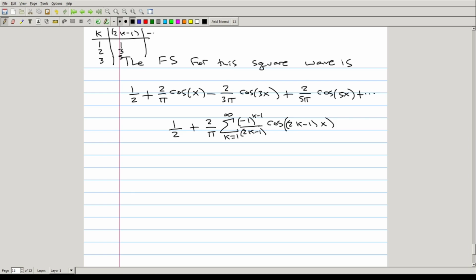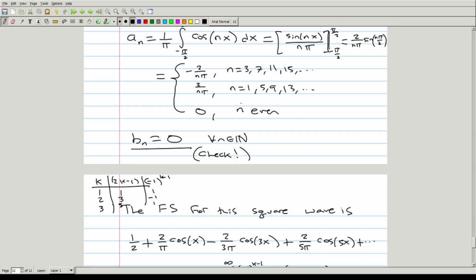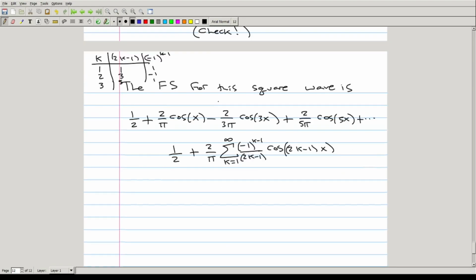And likewise, negative 1 to the k minus 1: when k is 1, you get negative 1 to the 0, which is positive 1. When k is 2, you get negative 1 to the 1, which is negative 1, then positive 1, and so on and so forth. So this is matching this right here perfectly. And this series is the correct Fourier series for this square wave example.